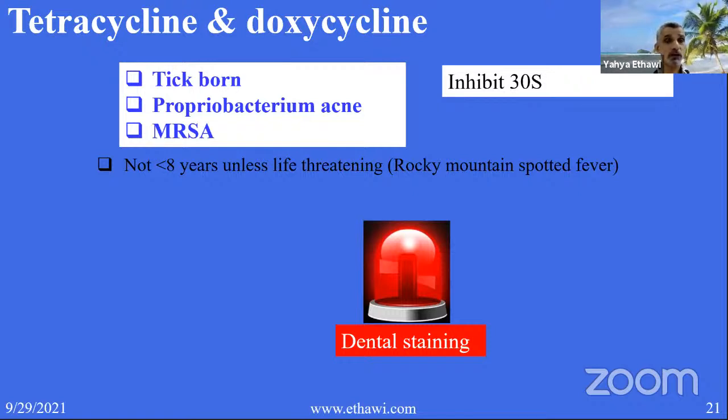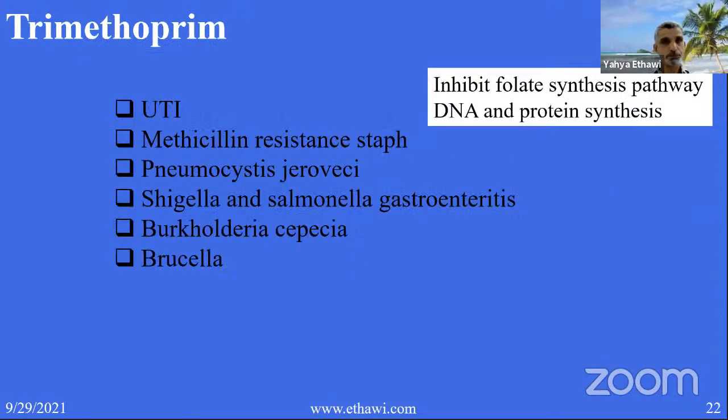They are not encouraged to be used below 8 years of age unless for life-saving infection such as Rocky Mountain spotted fever that is seen in some states of the United States. They cause dental staining, and dental staining is permanent. It will never clear out.